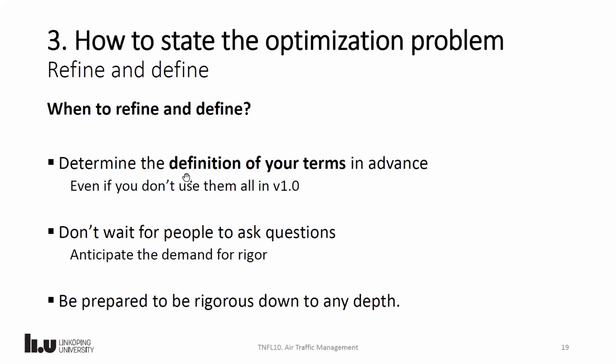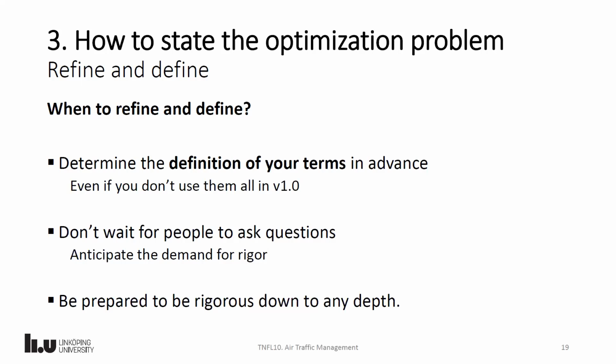So when should we refine and define? First, you should know the definition of all your terms in advance, even if you don't use them all in your first version. But all the terms that you use, you should know the definitions of. So for example, in the problem that we had before, of the TMAs and the fixes and everything, you have to know what is a TMA, what is a fix, what is the weather that you're working with, what kind of objects they are in your problem.